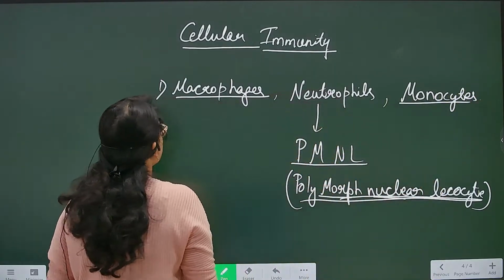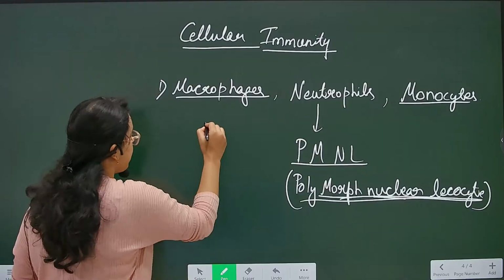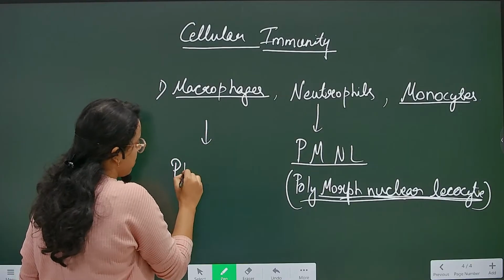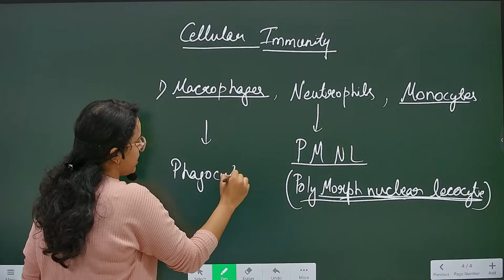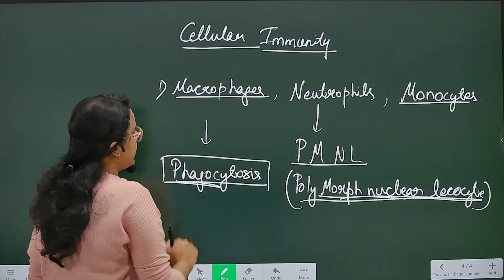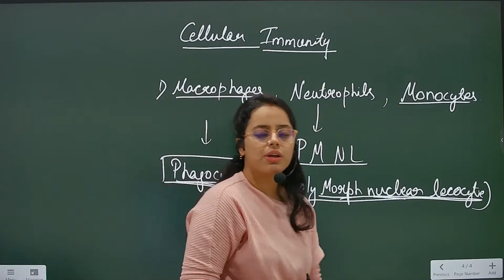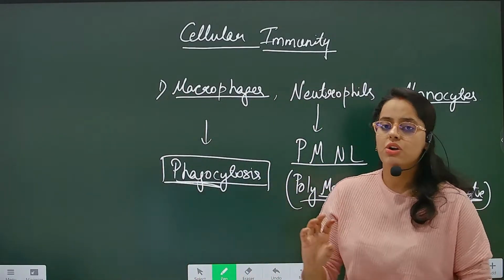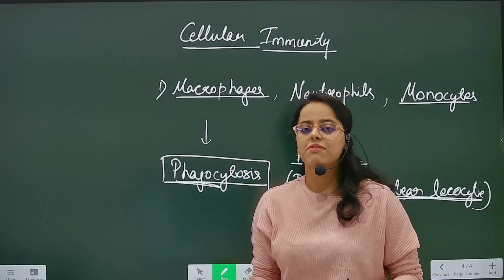These basically cause phagocytosis. These are phagocytic in nature: macrophages, monocytes and neutrophils. What do you understand by phagocytosis?